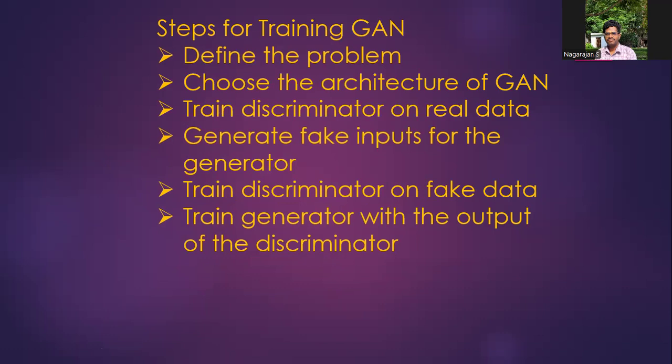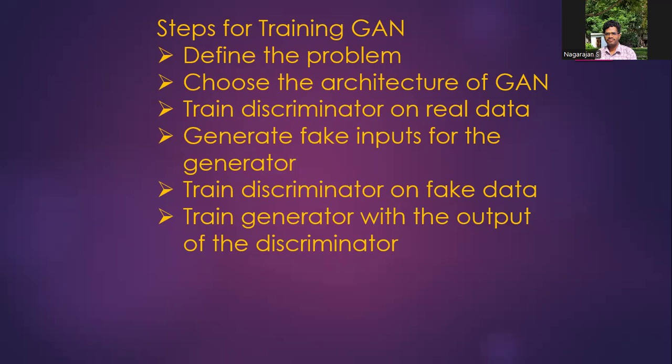Let's see these steps deeply. First is to define the problem: what kind of thing you want to do, for example generate fake images or fake text. Define the problem clearly and collect the data for it.